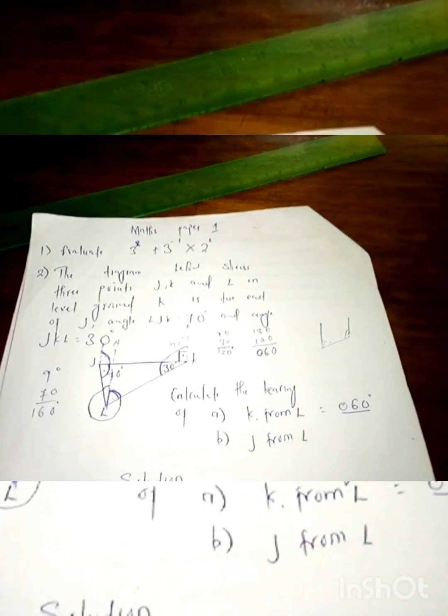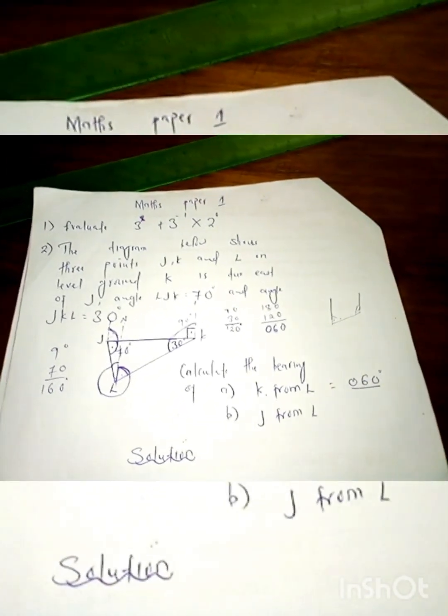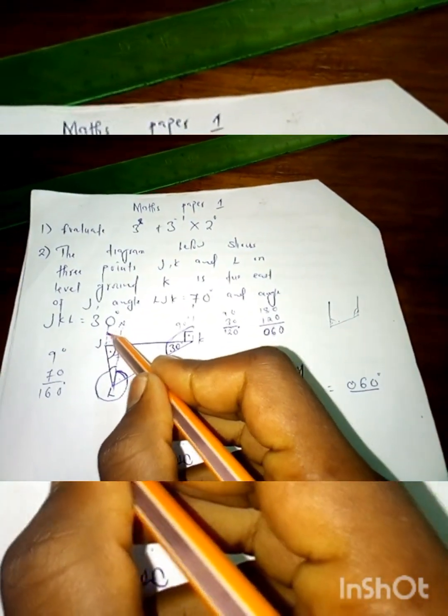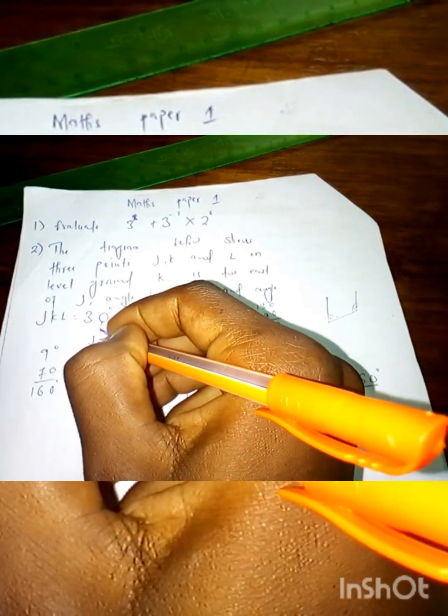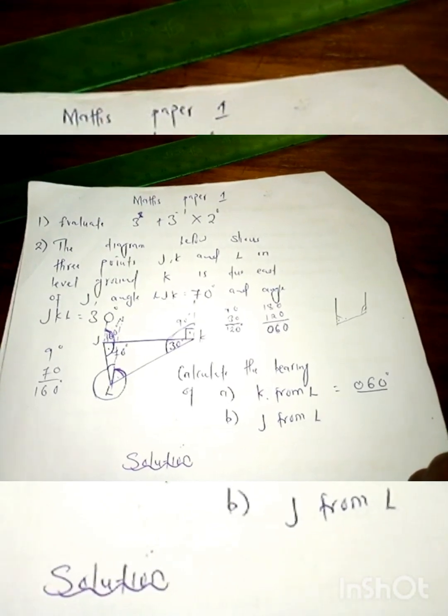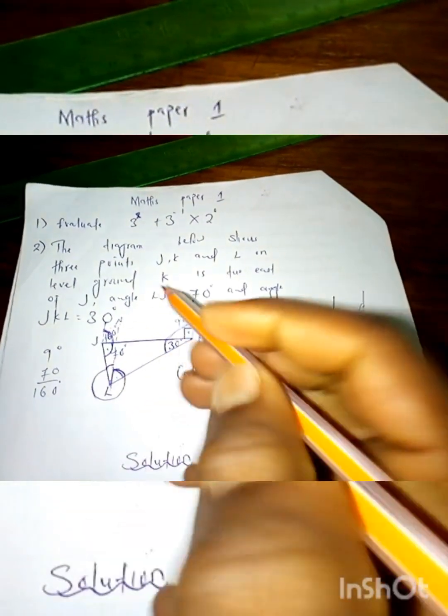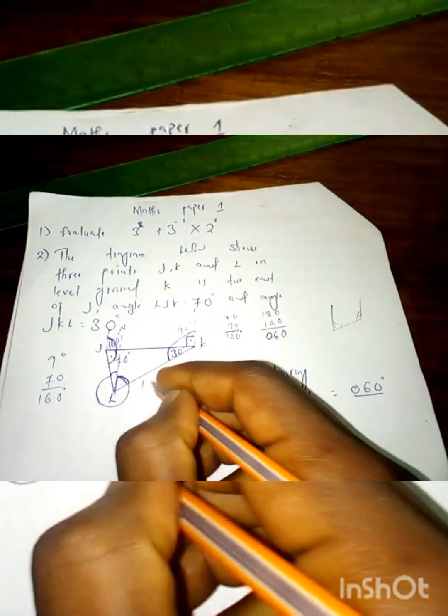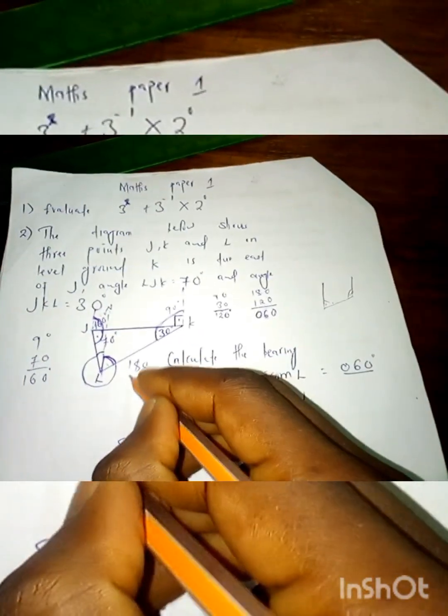So 160 degrees. If we are having 160 degrees there, to find this angle we are just going to say 180 minus 160.